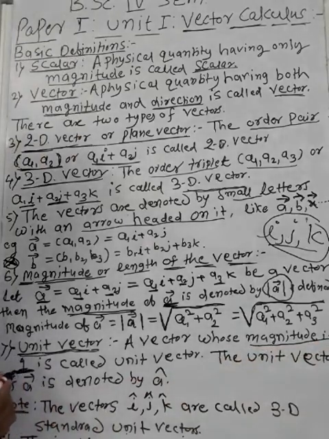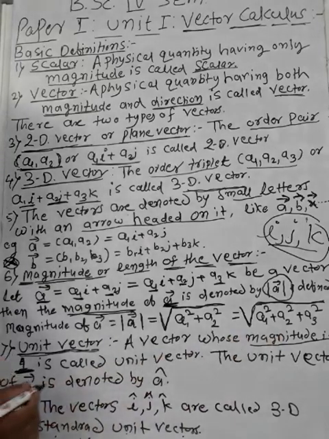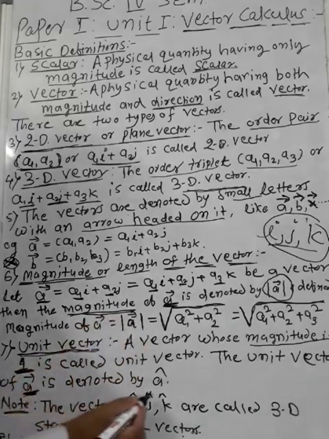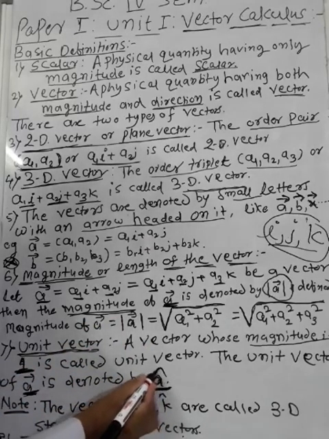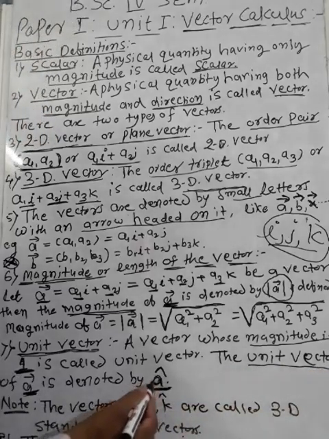If the magnitude of a vector is 1, that is unit, then that vector is called a unit vector, and the unit vector of a vector A is denoted by this notation, that is A cap. A cap always represents the unit vector of a vector A.